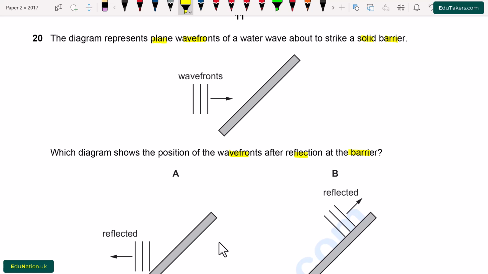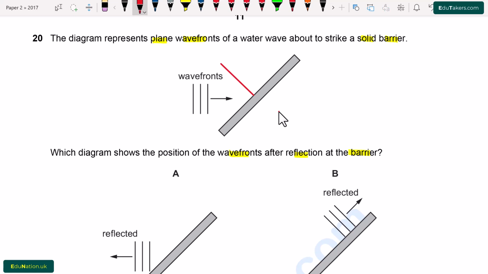So first of all, I draw the normal on this solid barrier. This is the normal line on this barrier.